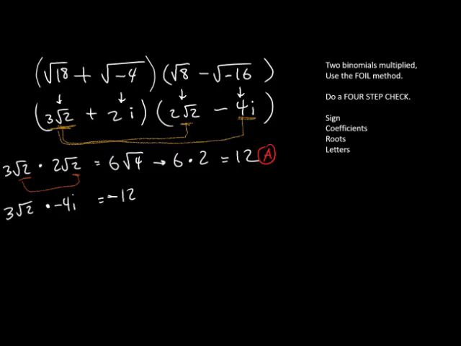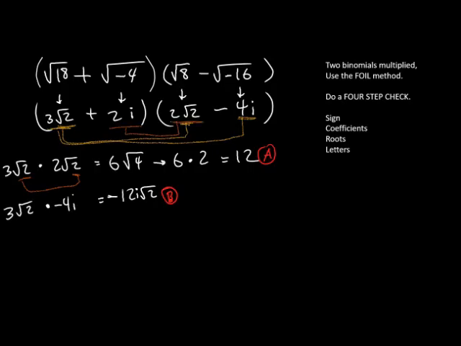That gives us 12 if we multiply. We do have a root 2, and we also have the letter i, which we will place in front of the root 2. That will be our term B. That's -12i root 2.